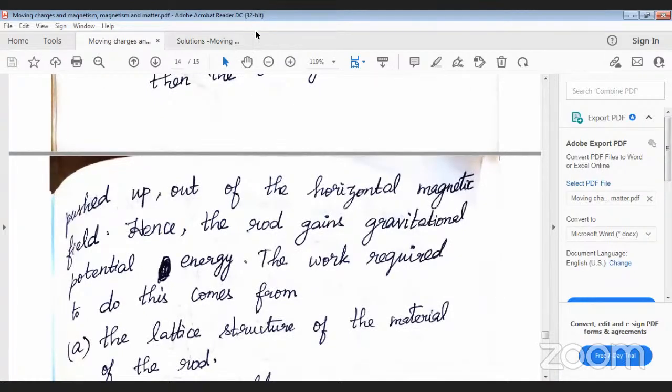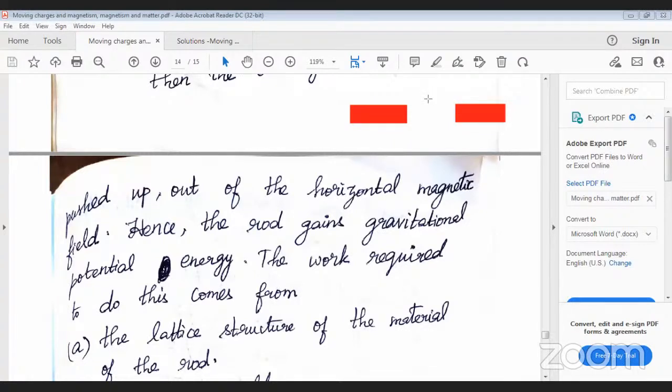So let me draw the simplest diagram here. So here you are having the electromagnet, right? So this is the north pole of the magnet. And this is the south pole of the magnet. Okay, electromagnet.